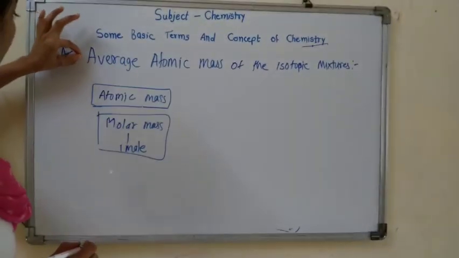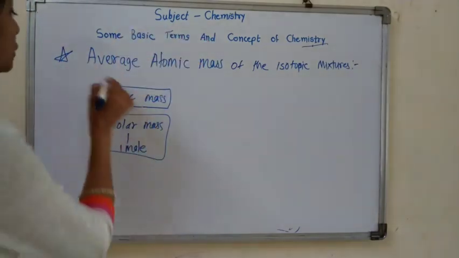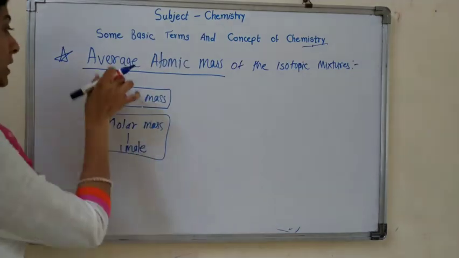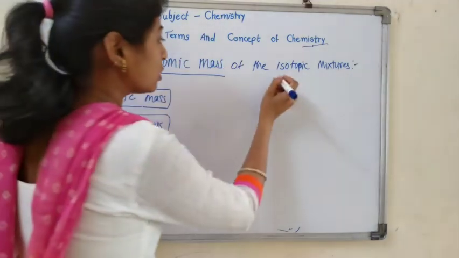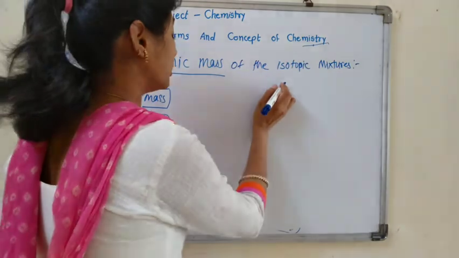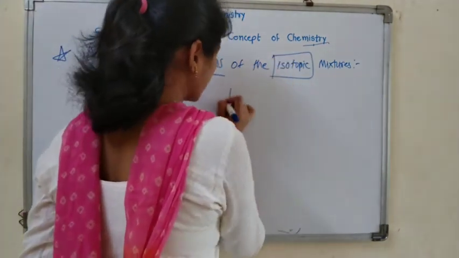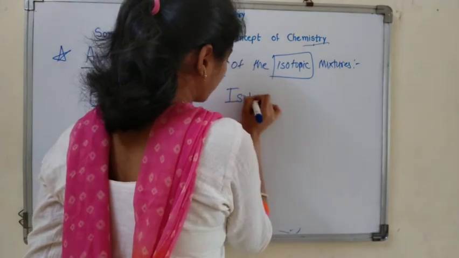Now average atomic mass. The new term introduced here is average atomic mass. Average atomic mass is always measured for isotopes. Now first we see what is meant by isotopes.